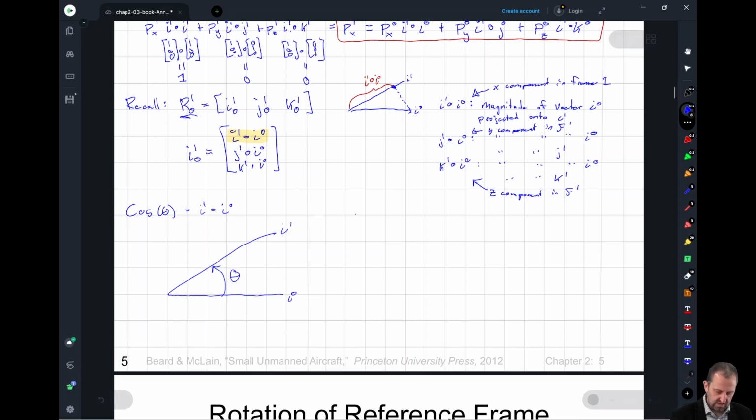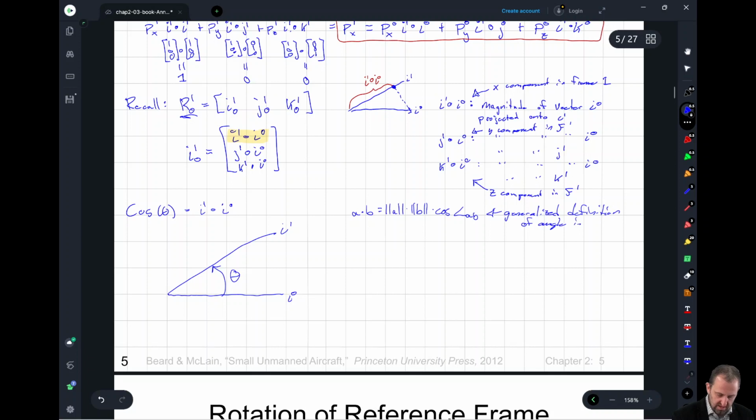So if we have any two vectors, A dot B is actually going to be equal to the magnitude of A times the magnitude of B times the cosine of the angle between A and B. So where we have I naught and I1, this allows for a generalized definition of an angle in any dimension. So we can define the angle between vectors in any dimensions.